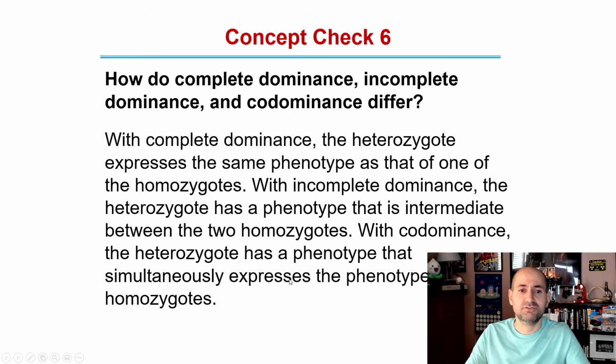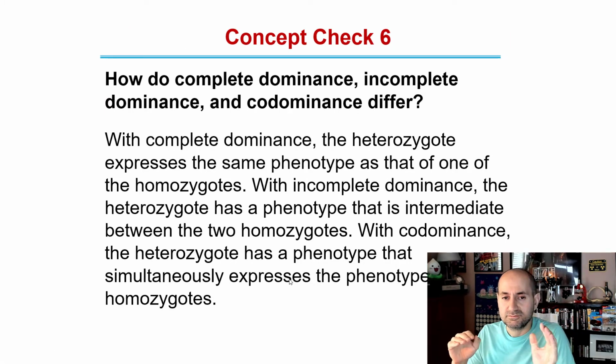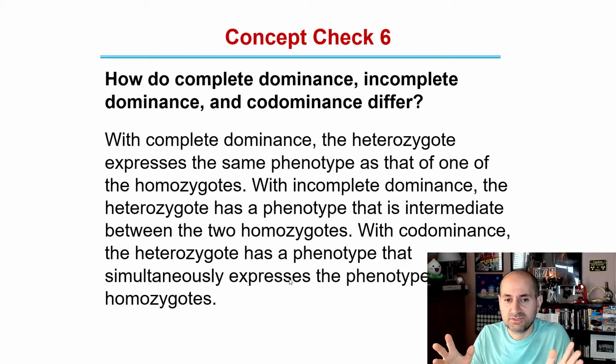Again, I know this is confusing, but let's talk about incomplete dominance first. With incomplete dominance, you're going to have some kind of intermediate phenotype, like pink flowers. Now let's talk about codominance.